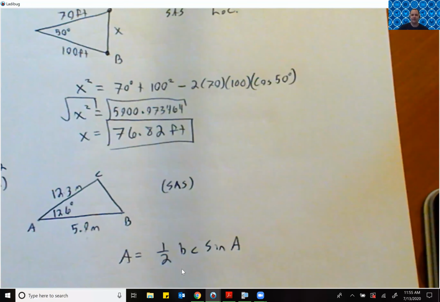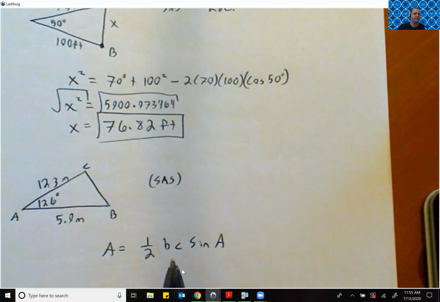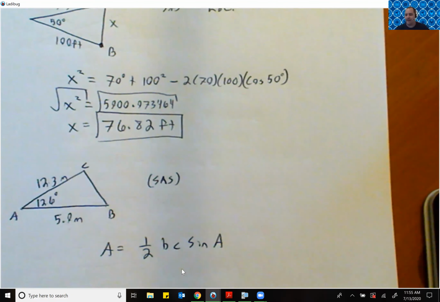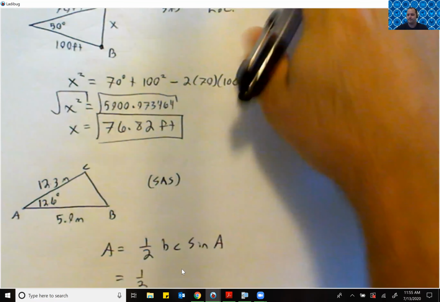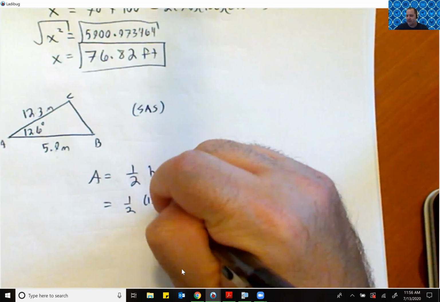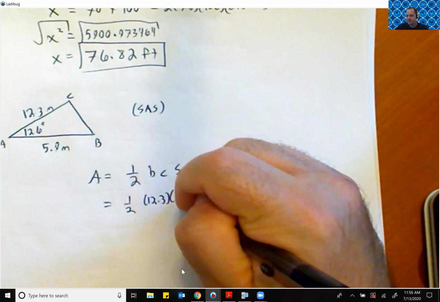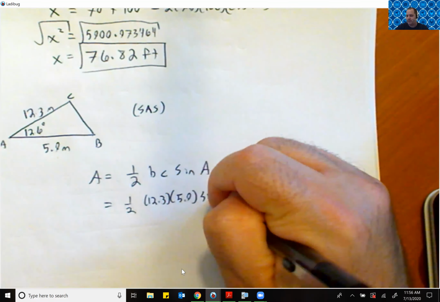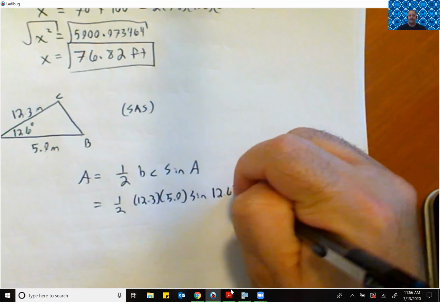That's what you guys are going to be using. So all you're going to do is fill in and kick out an answer. So 1/2 times b, which is 12.3, c, which is 5.9, sine of A, which is 12.6 degrees. Just go to your calculator, let the big dog eat.